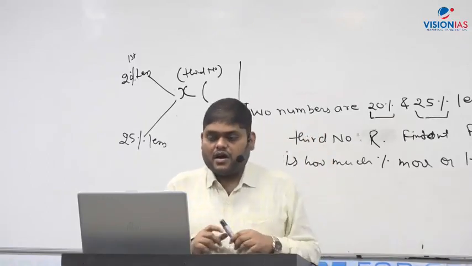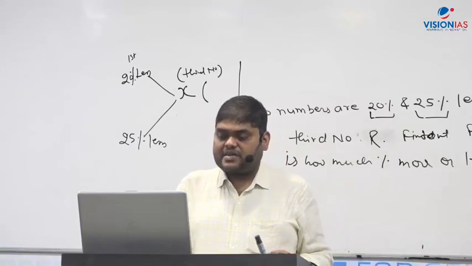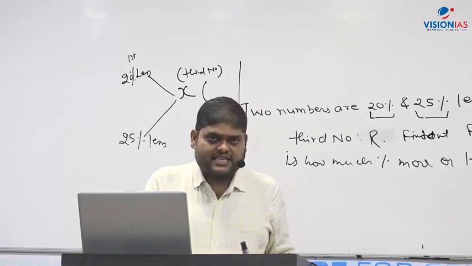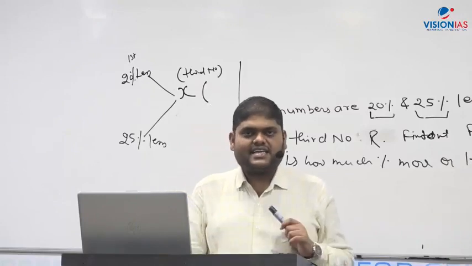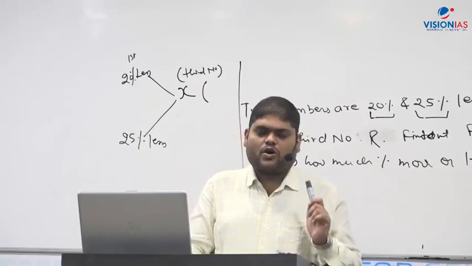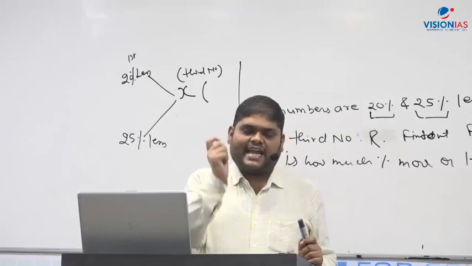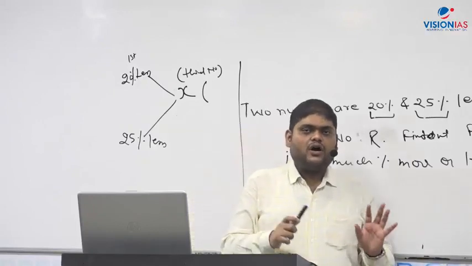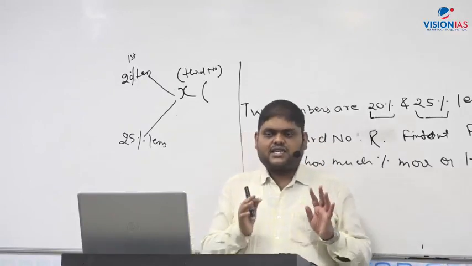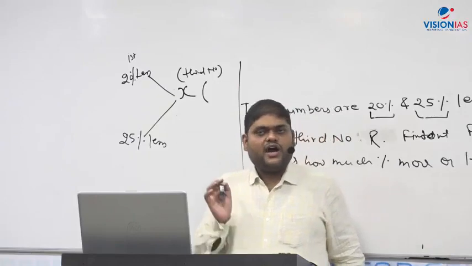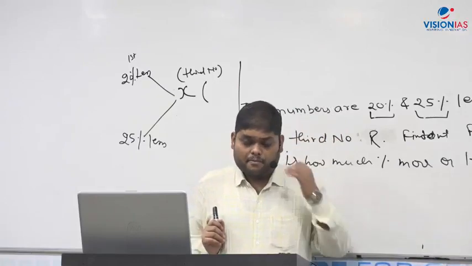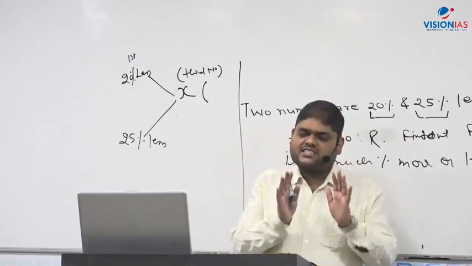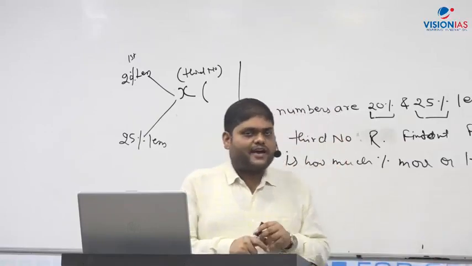If all the data are given in percentage and the final answer is also in percentage, in that case you can take any value instead of X and you will get the answer. But since we are solving for ourselves, we will take the simplest value, and the simplest value is what?